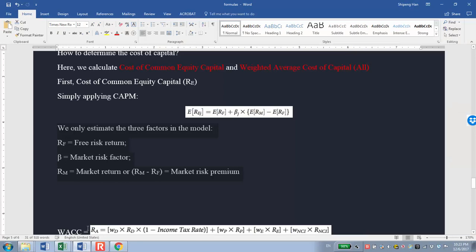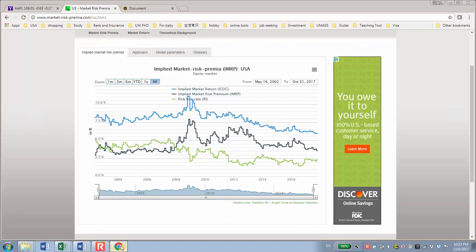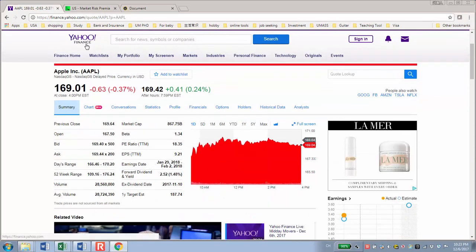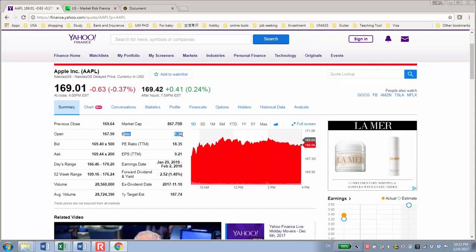The next one is beta. Beta is also available. For example, I use Yahoo Finance, search Apple, or the ticker symbol AAPL, and you can find beta is 1.34.